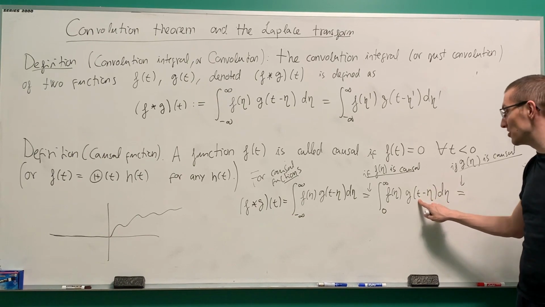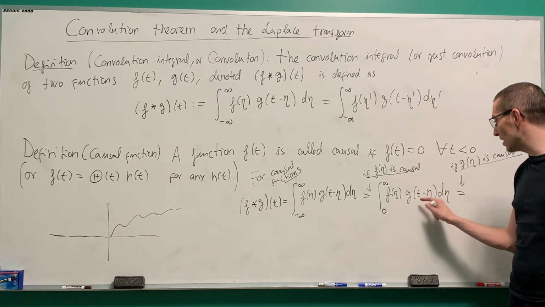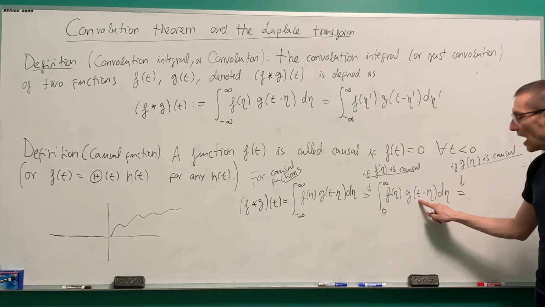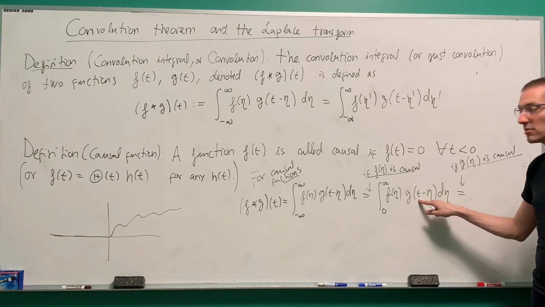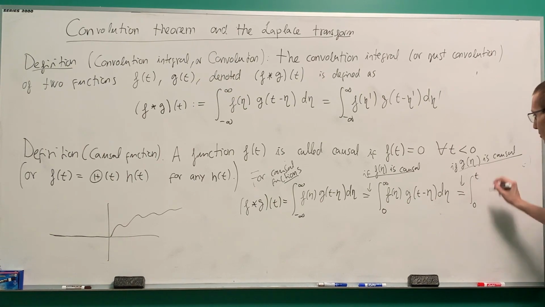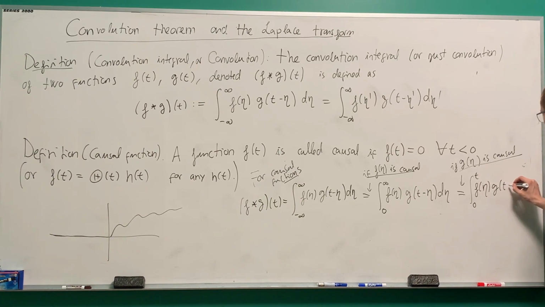The moment that eta is larger than t, the argument becomes negative, and then the function is 0. So it's only non-zero up to eta equals t. So that allows me to do 0 to t. I'll crop the integral there as well. f of eta, g of t minus eta d eta.